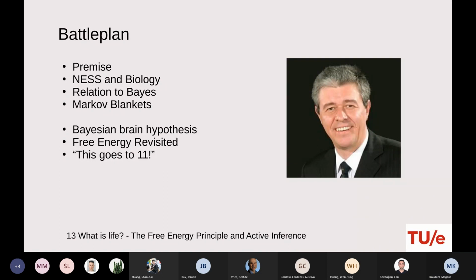So first, we're going to look at one of my all-time favorite ideas, which is the Bayesian brain hypothesis. Then we're going to revisit the idea of the free energy, and I'm going to show you some applications of this, because we're also engineers, so applications are cool.